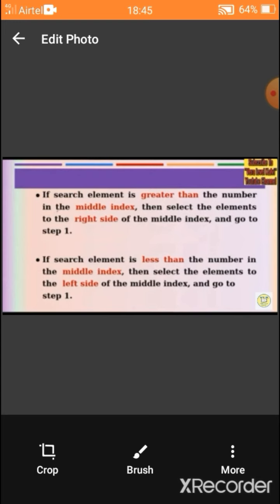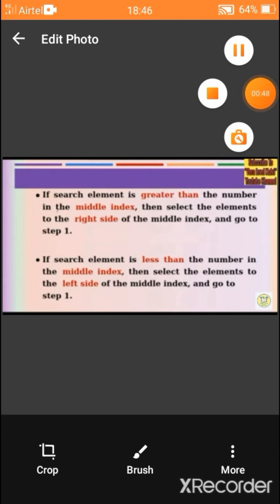Next point, if the target key is less than the middle element, it starts the searching to the left side. Is it clear? Let's see with an example.